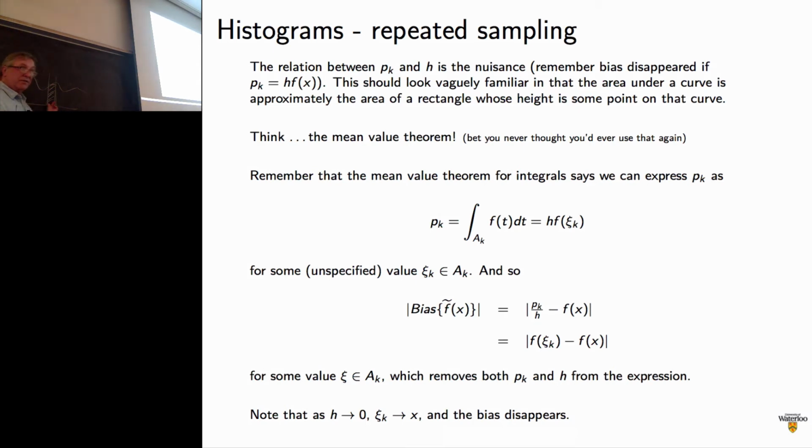Mean value theorem says it's got to be in that interval, and we're going to end up with a psi k closer and closer to the x. You can't be as far away from the x as that interval gets narrower. Okay? So the bias can disappear as h goes to 0.